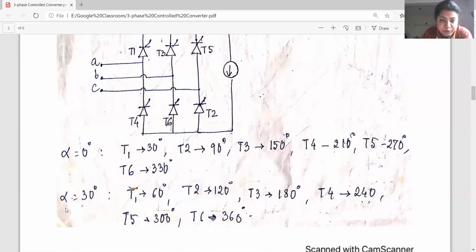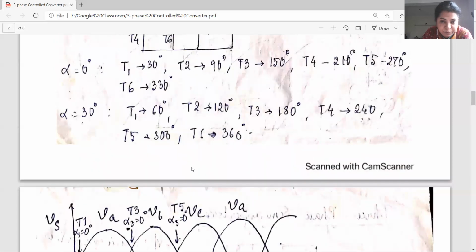And alpha equal to 30 degree means you just add 30 degree to each of these and you will get the values for alpha for each particular thyristor. Now how do we get this? We will see from the waveforms.